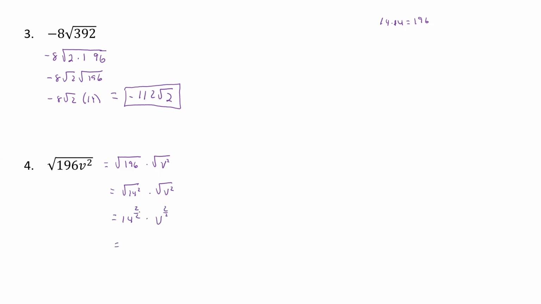Well, 2 over 2 is just 1, so that's just going to give us 14v. And that's the same thing here. The square root of something squared is just going to give us whatever the variable is, in this case v, and so we get 14v as our final answer. So we broke down our numerical part as well as our variable part.